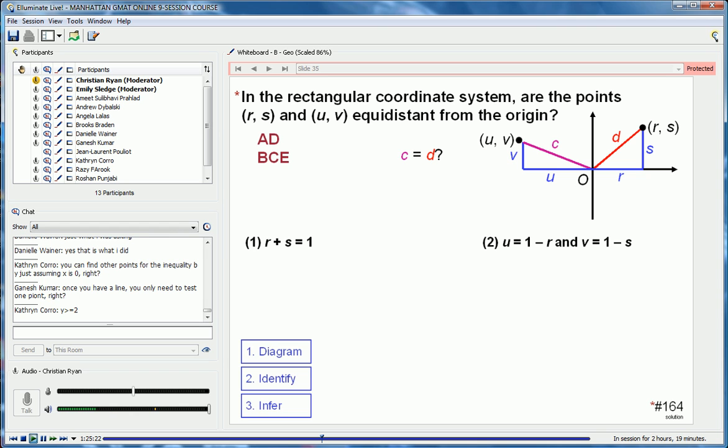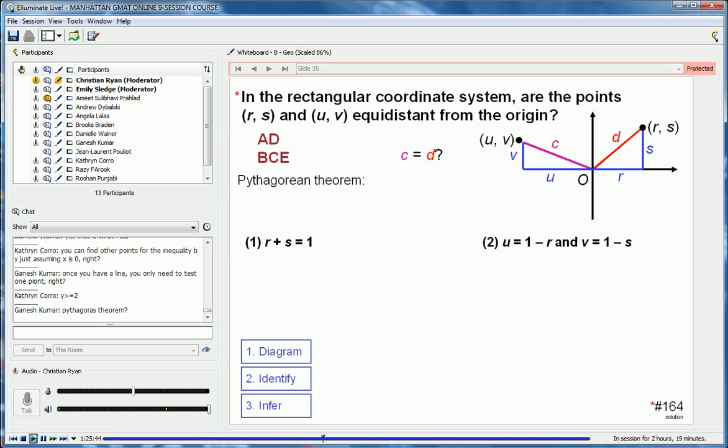What principle should we use to rephrase this question? Equidistant is a fancy term for equally distant. I like it, Ganesh. My favorite Greek philosopher, Pythagoras.